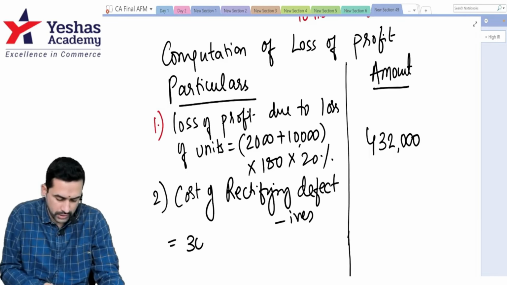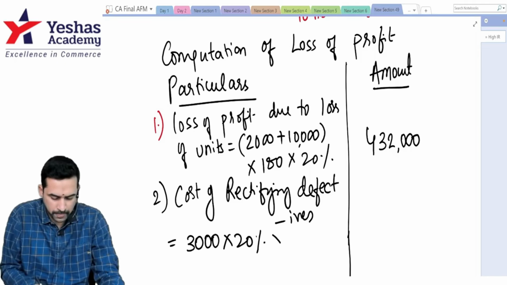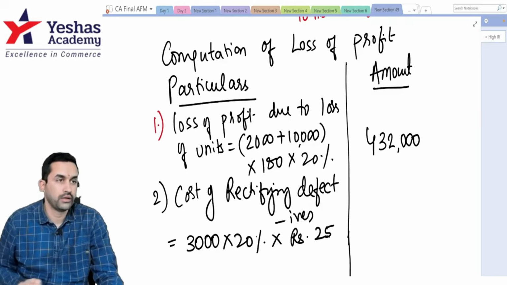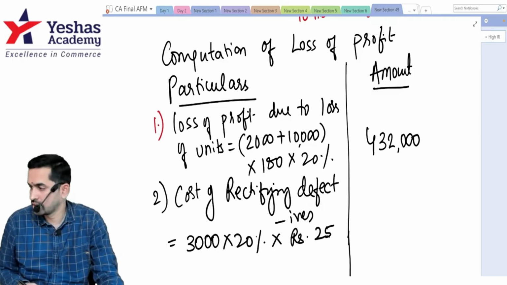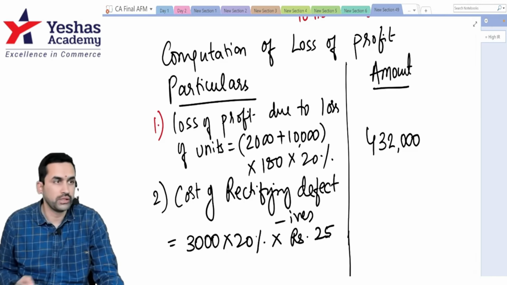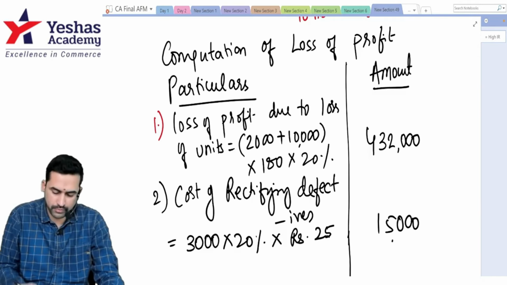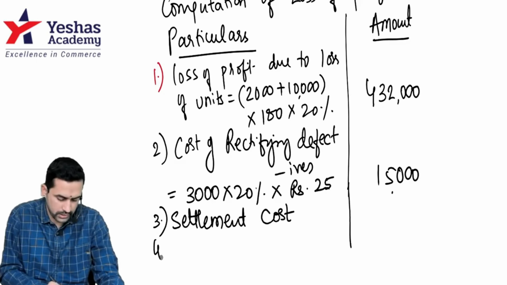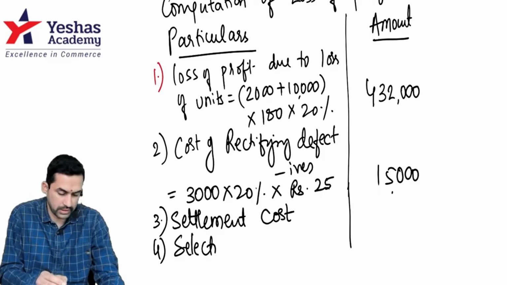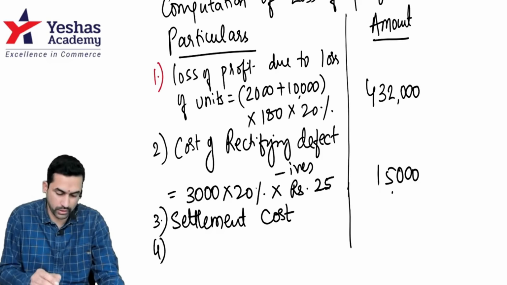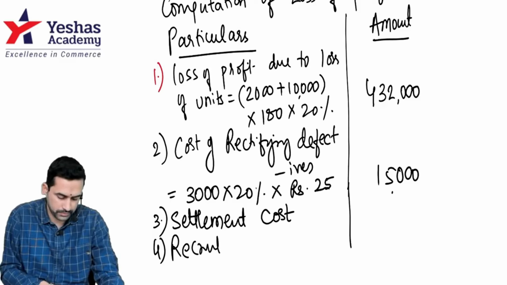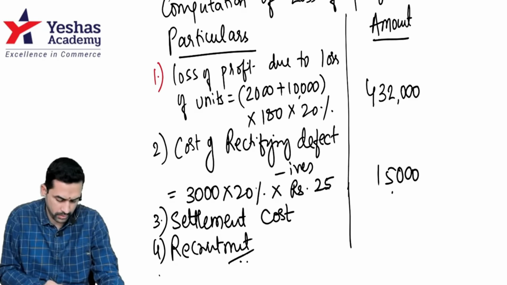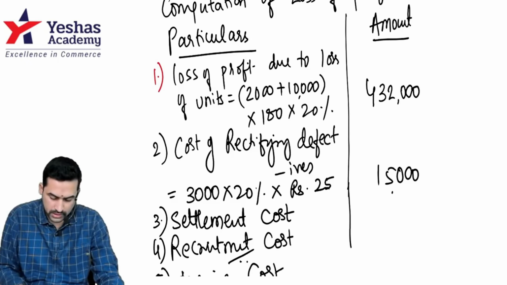This is 3,000 units produced during the training period. In that, 20% is defective output, 600 units. That has to be rectified. We'll spend 25 rupee on that, 15,000. Then you have the settlement cost, training cost, sorry, selection. Is it selection or recruitment cost that is printed? And then the training cost. How much is this?